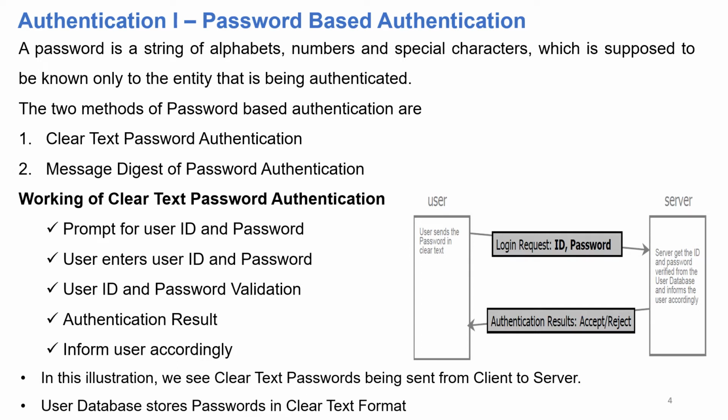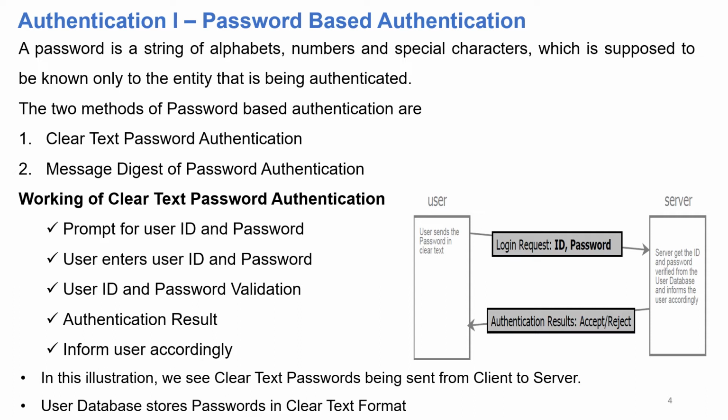As I already mentioned, the two methods of password-based authentication are: first, clear text password authentication, and next, message digest of password authentication. If you look at the diagram here, we will know what we are talking about. How does it work?